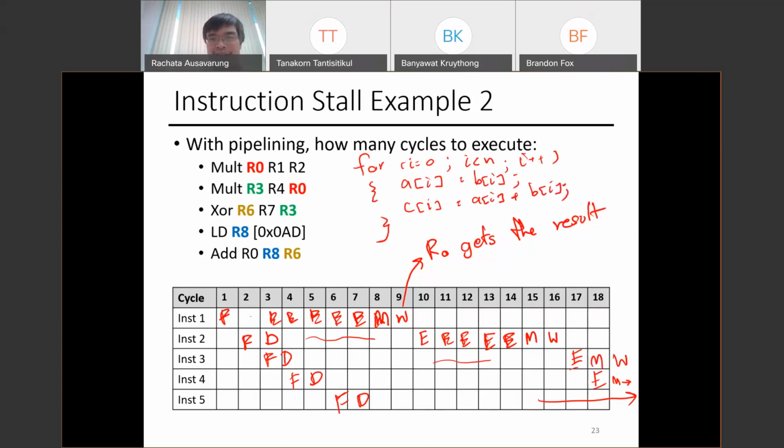Something like this. How often does it happen? Can you tell me what are the possible data dependencies that can arise here? How many places can data dependency occur?